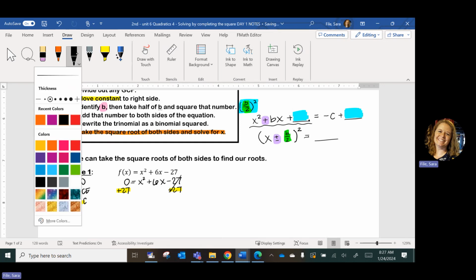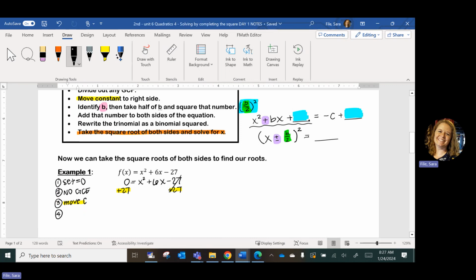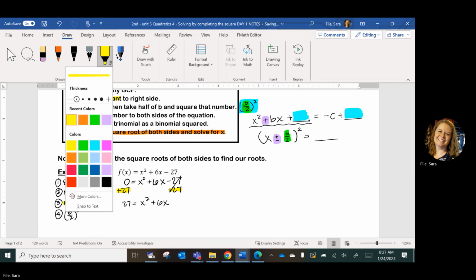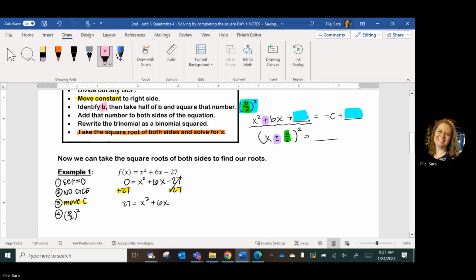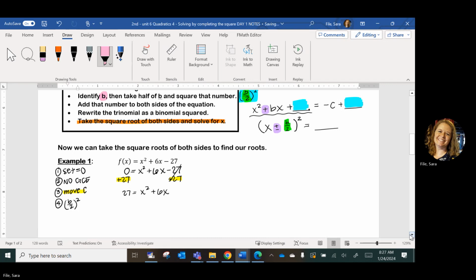Next then is identify B and do the B divided by 2 squared. So this is 27 equals x squared plus 6x. This is where I'm at so far. I'm going to do B divided by 2 squared. What is my B? What's the B value here? 6.